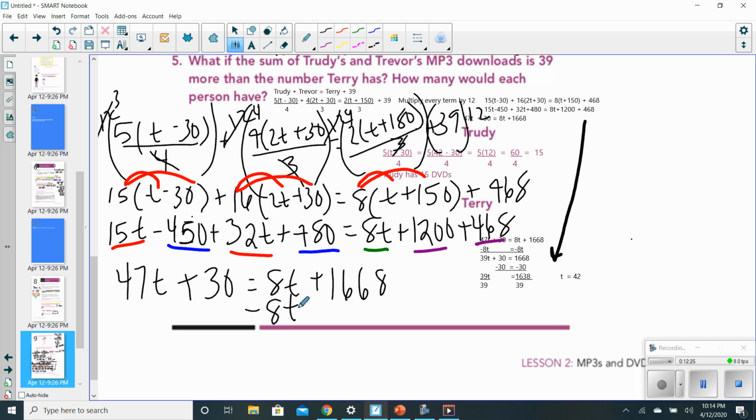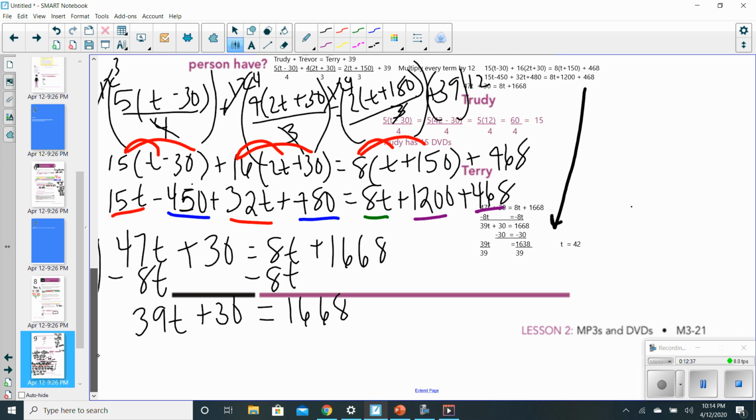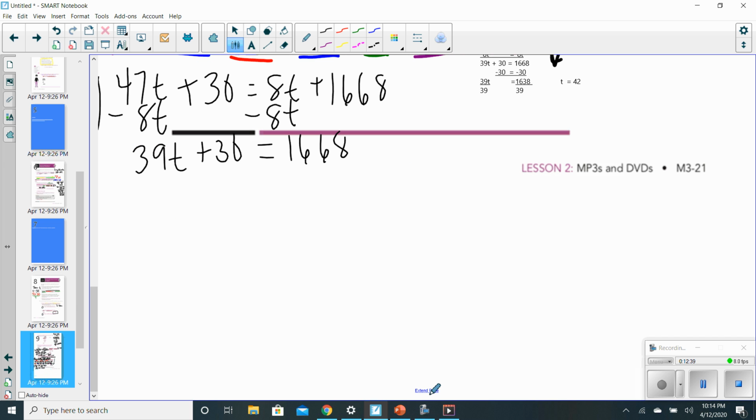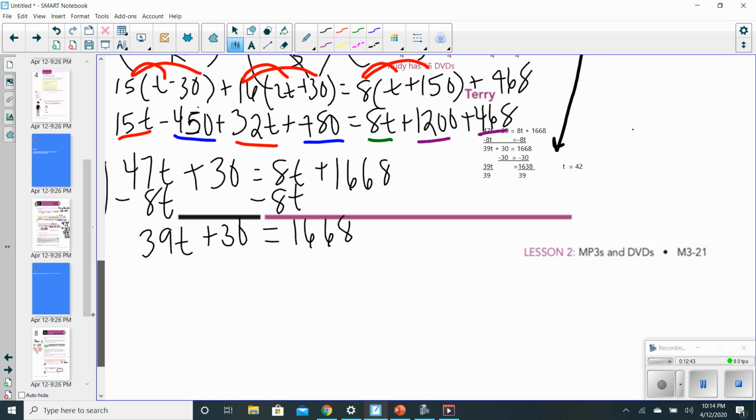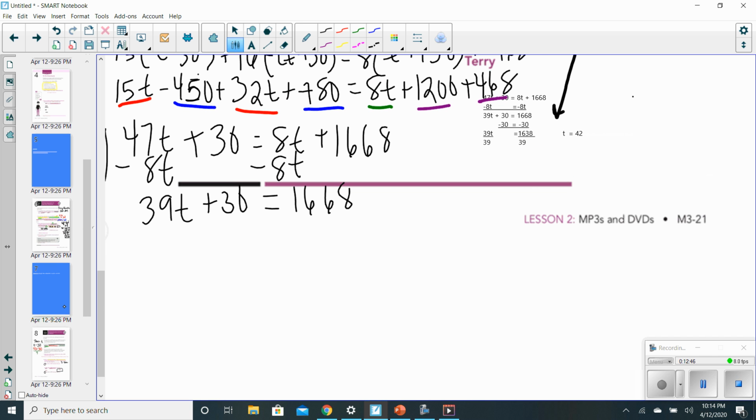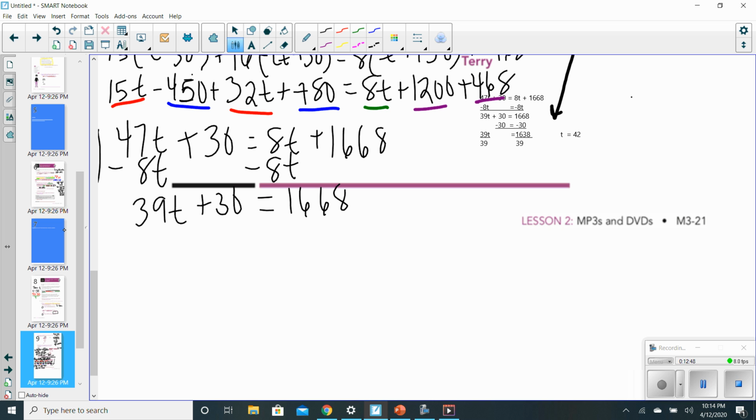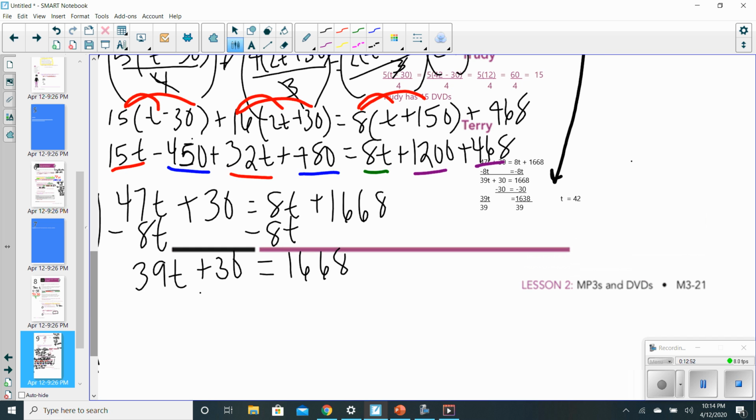Now we're going to simplify even more. I'm going to subtract 8t on both sides. I'll be left with 39t plus 30 equals 1668. And then from here, I'm going to subtract 30 on both sides.